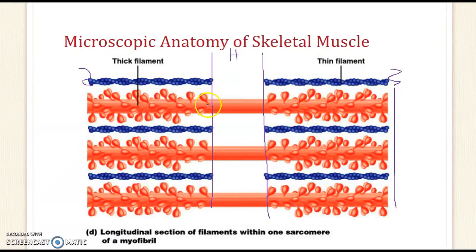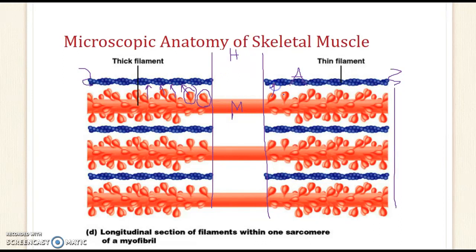So what happens is you have these thick filaments, this is a myosin, and this is an actin. You can see the myosin have all these heads sticking off of it. What these heads do is attach onto actin. They find it, they use ATP, and they attach onto actin.